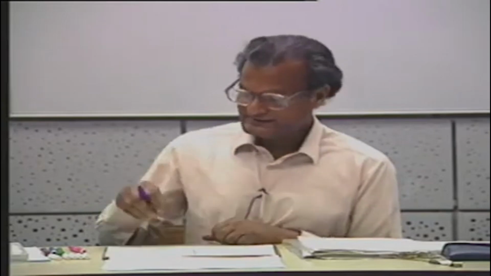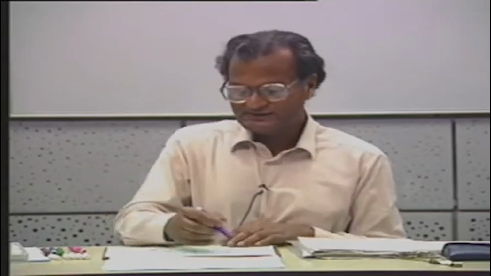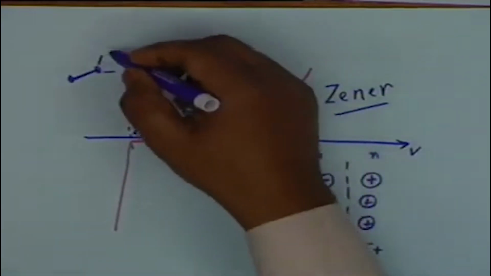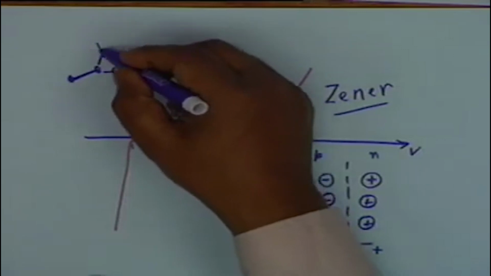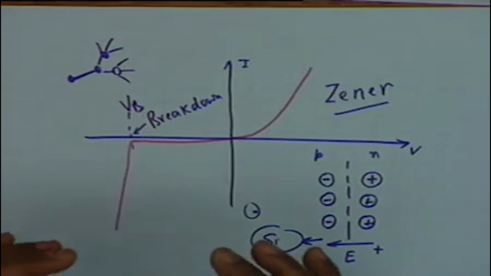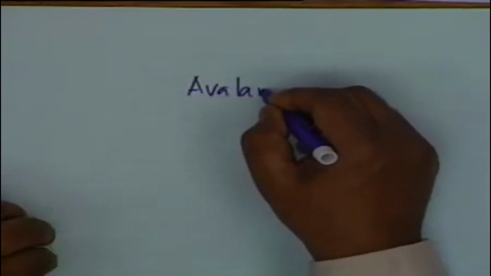This carrier, in turn, accelerates in the field and can set other electrons free from other atoms, and this builds up. This sets, let's say, 2 electrons, then these set more electrons, and it is a kind of avalanche effect. This kind of breakdown, which occurs due to collision of carriers with fixed atoms, is called avalanche breakdown.